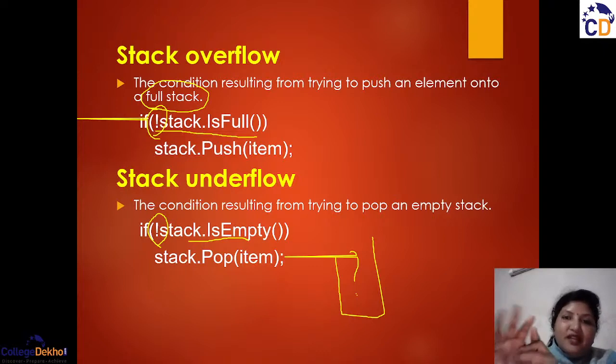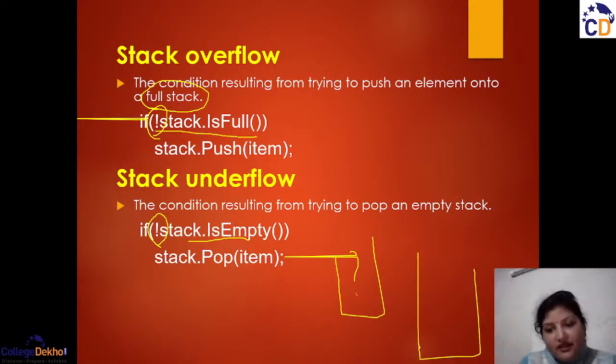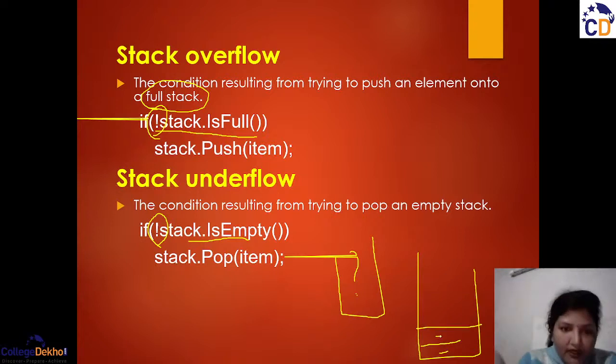So again in this particular part, you have checked for this condition, is empty, right? And if it is not empty, obviously there are some elements in the stack, and then you can pop it. If there is nothing in the stack, you can't pop it.